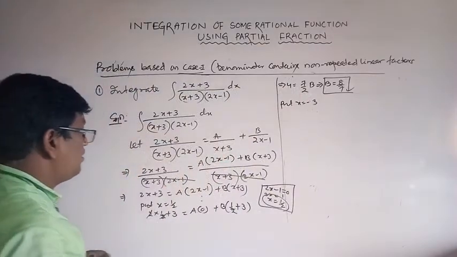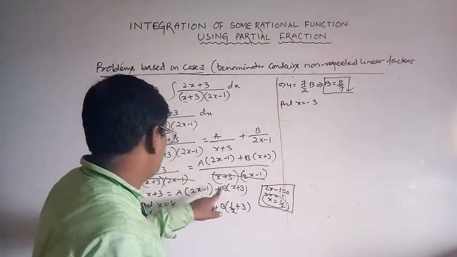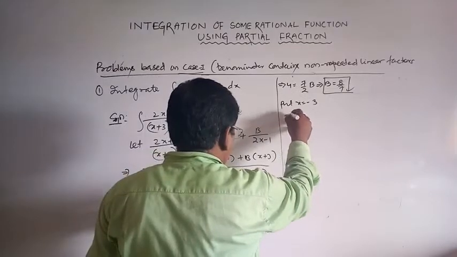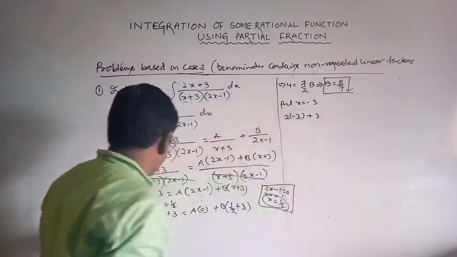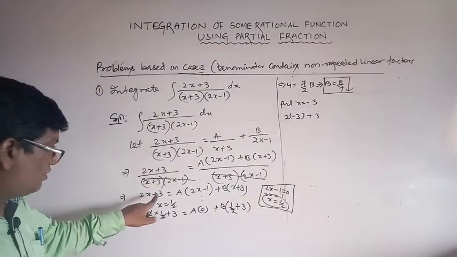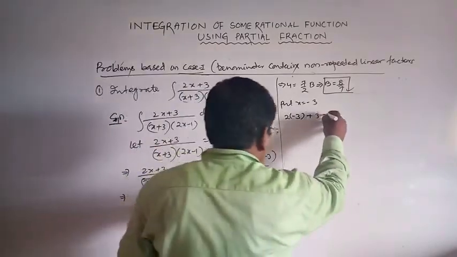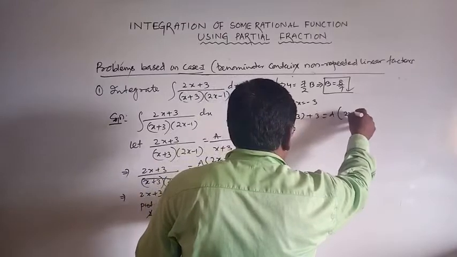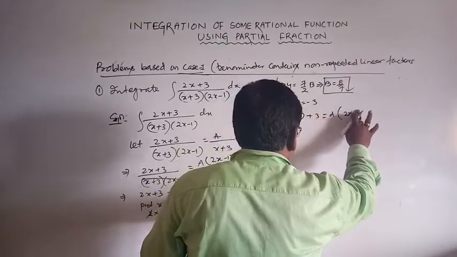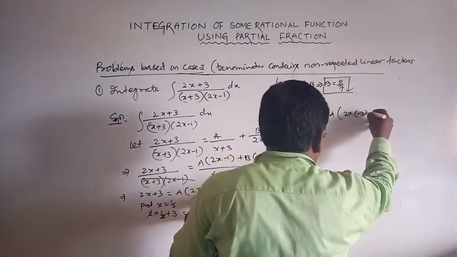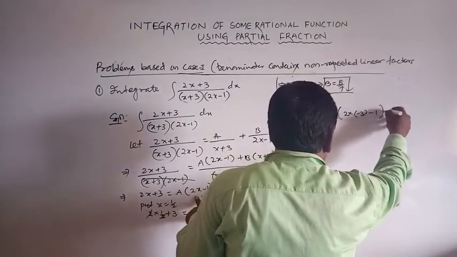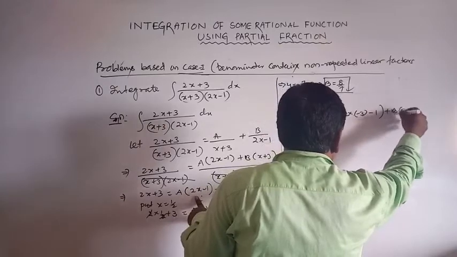Putting x equal to -3, this term becomes 0, and 2 into -3 plus 3 equals A into (2 into -3 minus 1) plus B into 0.